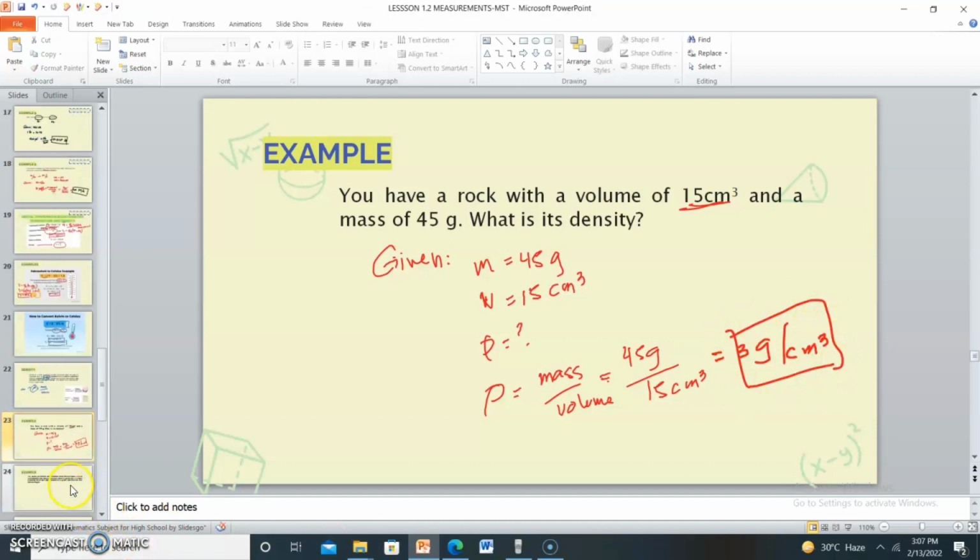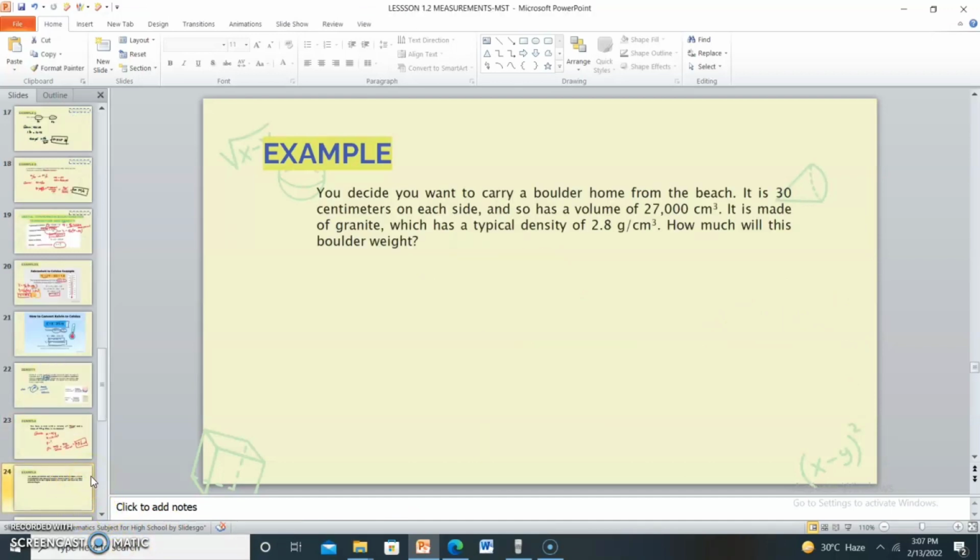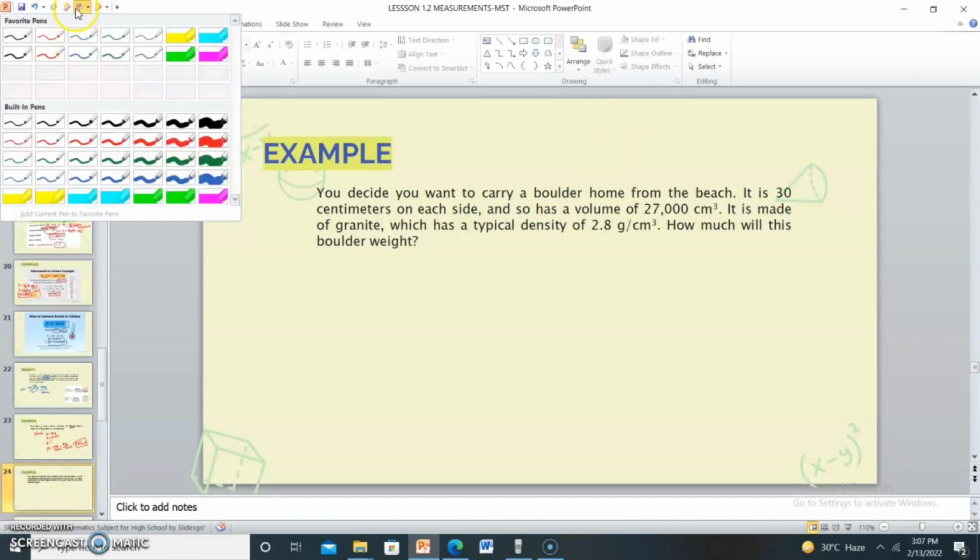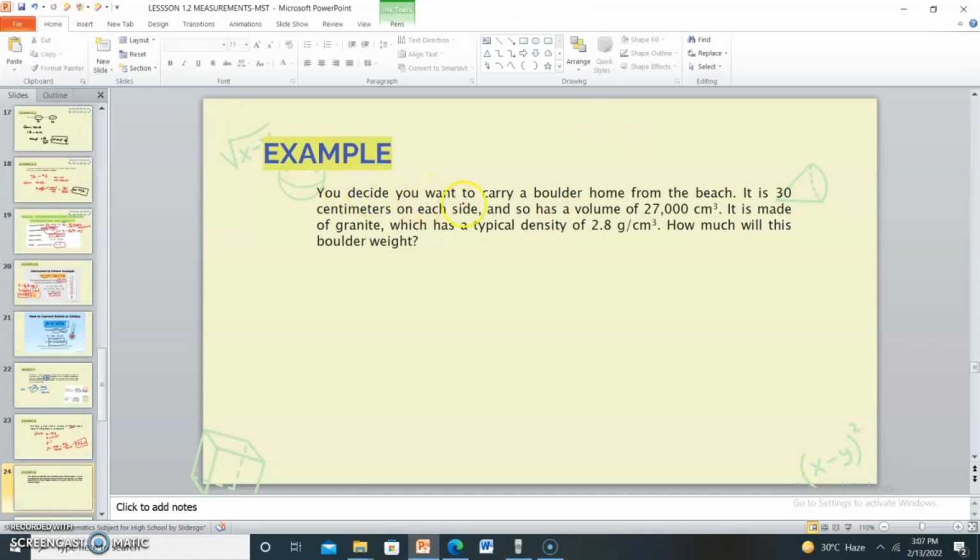Next. You have decided to carry a boulder home from the beach. It is 30 centimeters on each side. So, it has a volume of 27,000 centimeter cube. It is made of granite, which has a typical density of 2.8 grams per centimeter cube.